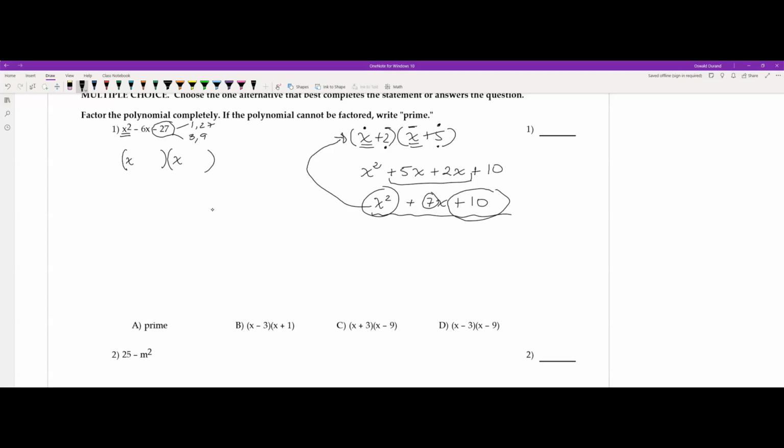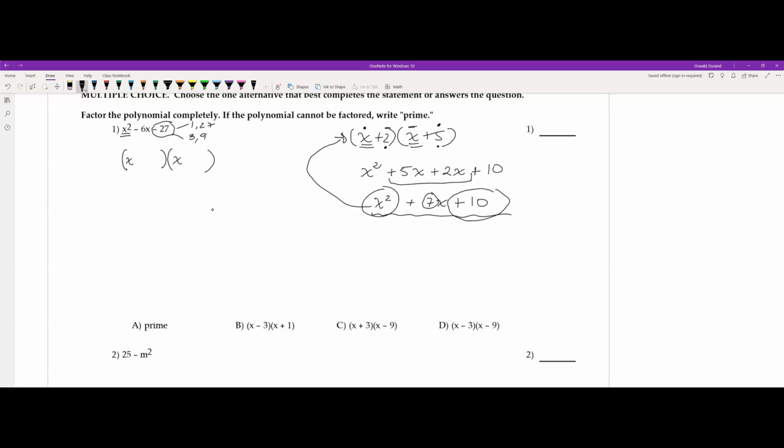That's the only options that you have, and one of them is going to be negative. We know that 3 times 9 is 27, and 1 times 27 is 27. There is no other combination that's going to give you 27. So we're good.